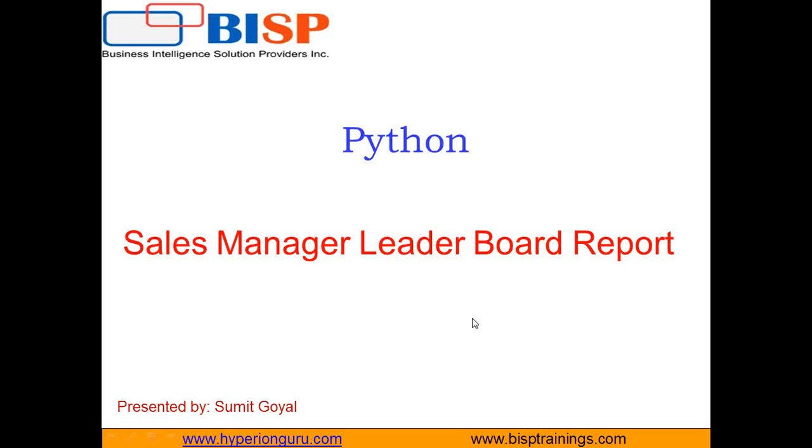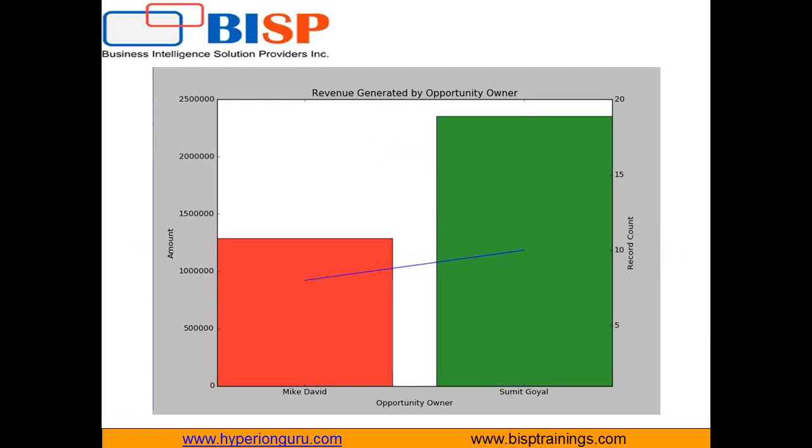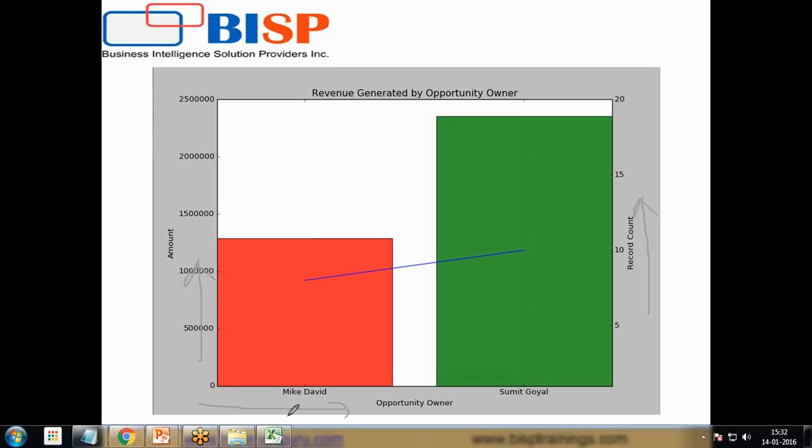At the end my final output will be this, and here you can see this chart is different from other charts. It's not a simple bar chart because there are three axes: the x-axis, the y-axis, and another y-axis. So there are two y-axes.